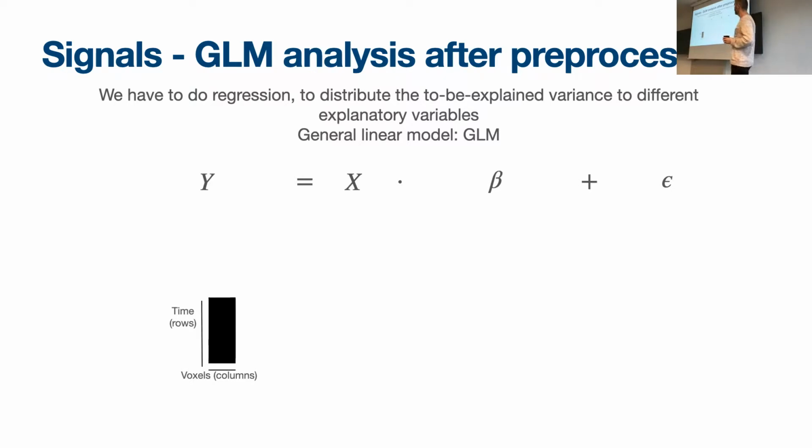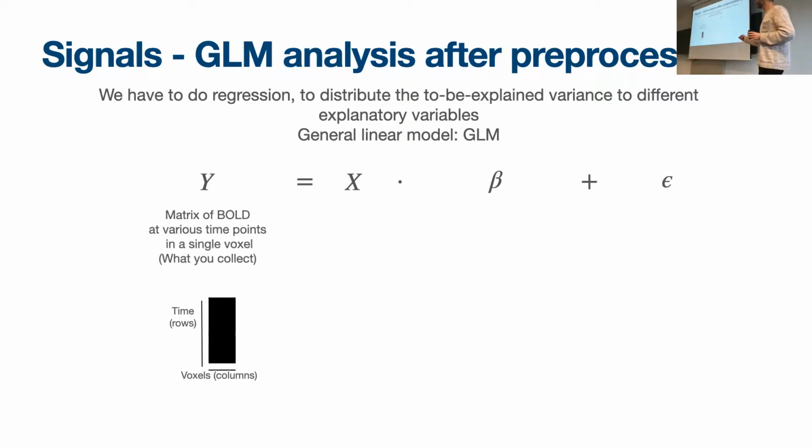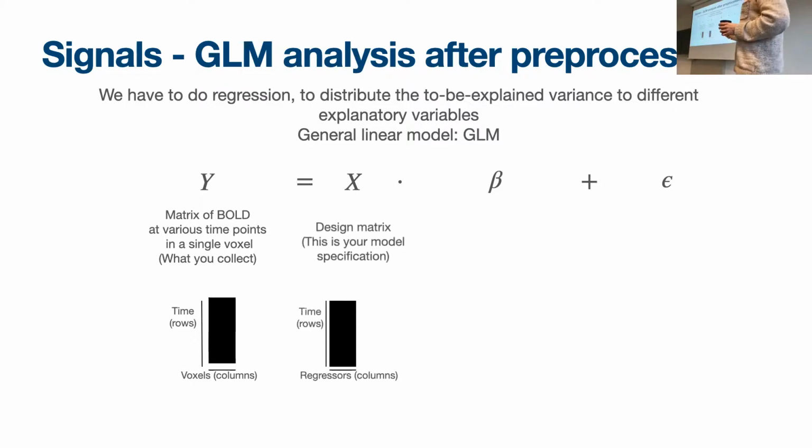So what we have is Y, of course, our data, right? This is voxels by time. So we don't care about X, Y, and Z for now. We just collapse over all voxels. It becomes a 2D matrix, voxels by time. And so that's all of our data, time by space. That's what we have, right? And then we have a design matrix, which is our model specification.